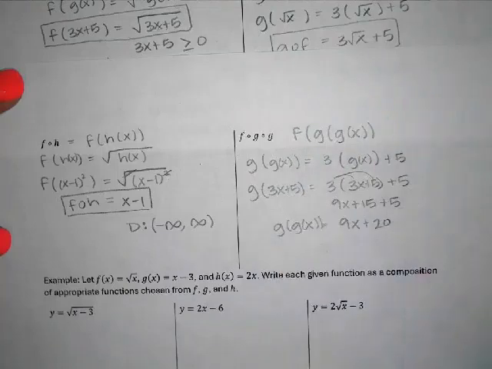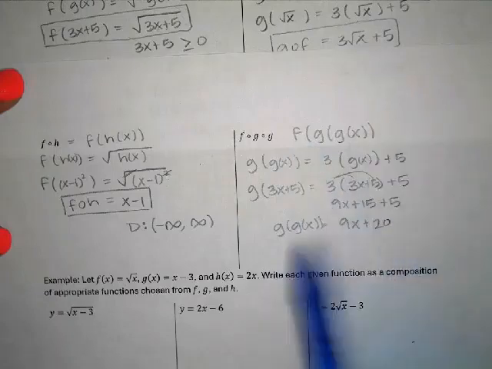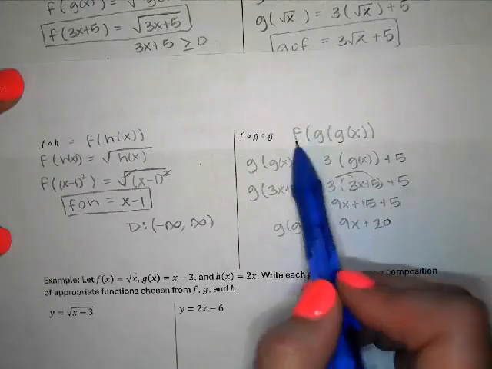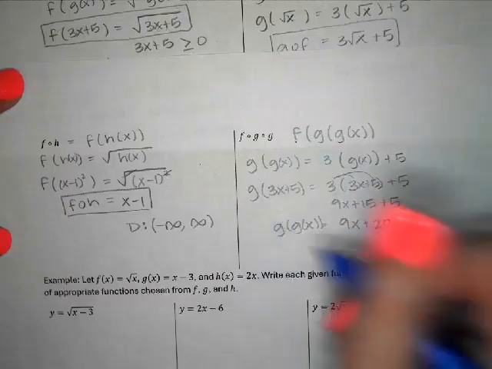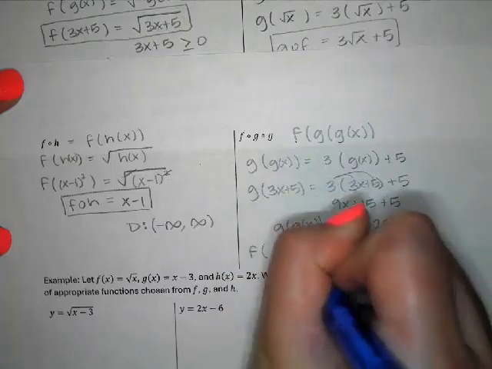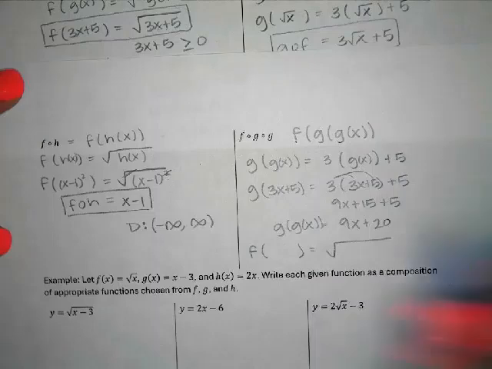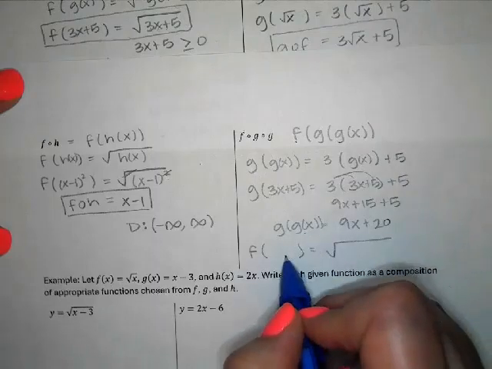Okay, so now what I'm doing is I'm going to take f of x, and then this is what's being plugged into f of x. So f of x is the square root of x. And I'm going to take all of this and plug it in here.